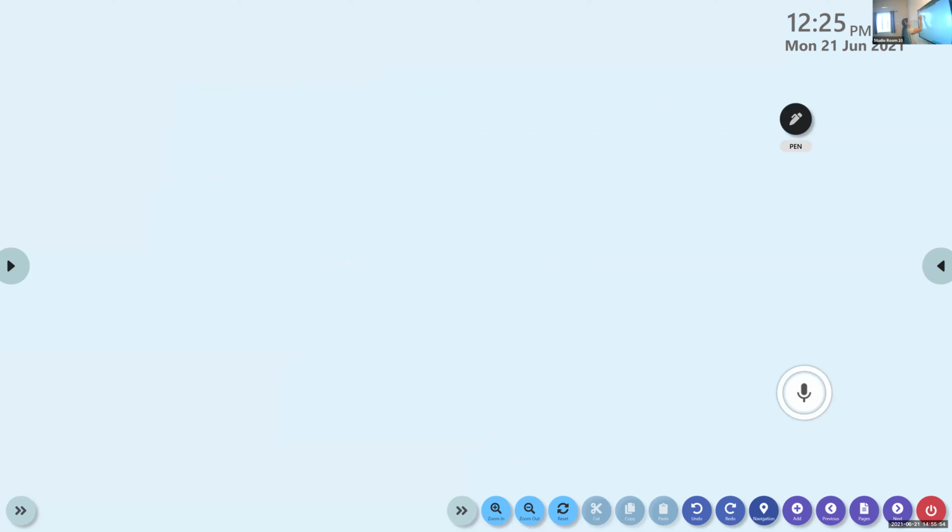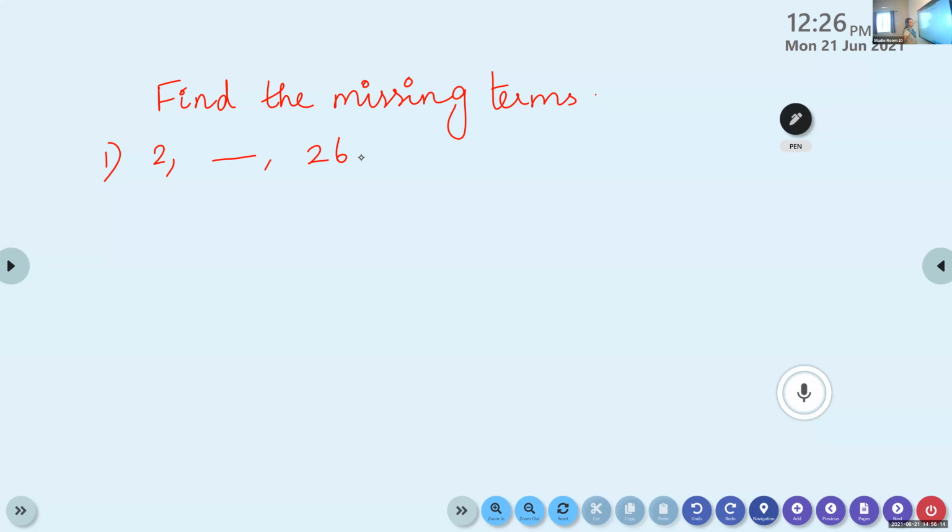Under that first question, 2, dash, 26. Find the missing terms in the APs. Okay, AP: 2, dash, 26. How to do this?